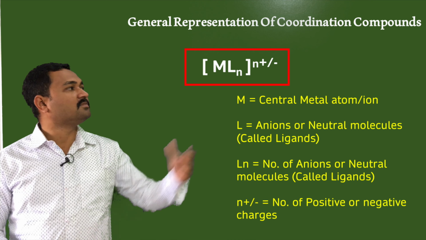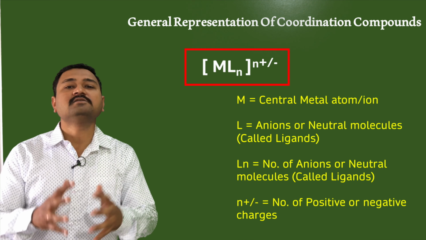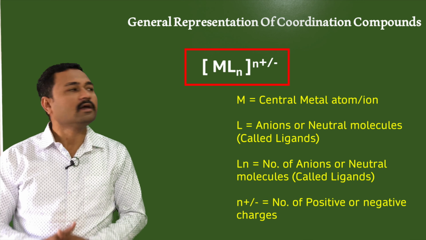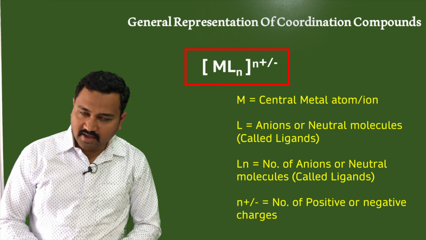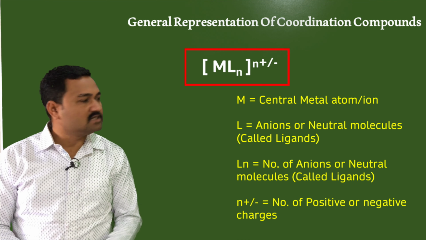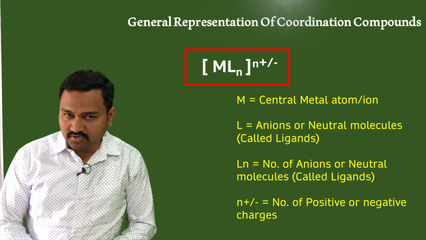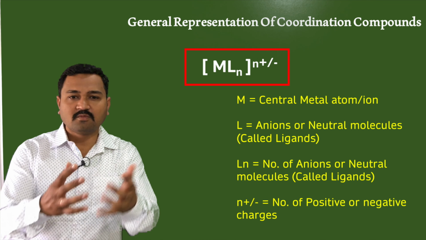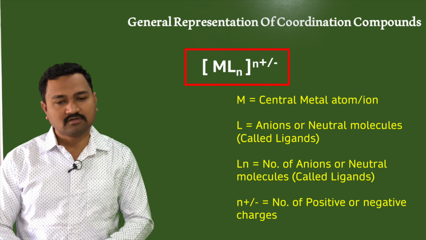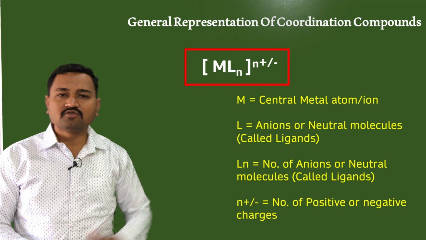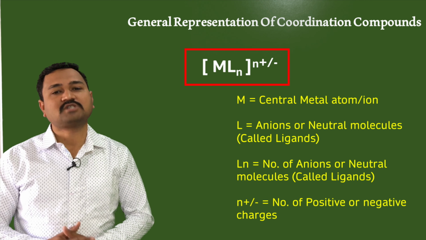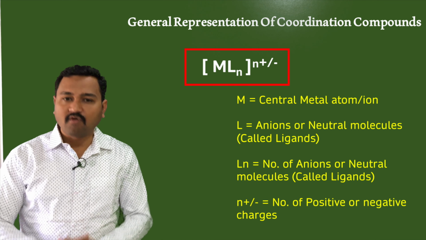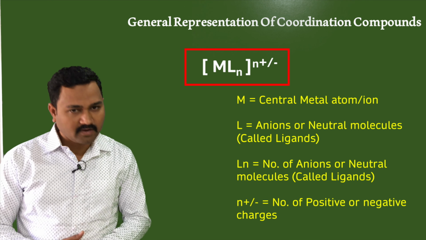A coordination compound is represented in a square bracket, that is [MLn]^n±, where M represents the central metal ion, while L represents the anions or the neutral molecules, which are generally called ligands, and n represents the number of those ligands, anions, or neutral molecules, while n± represents the charge on the coordination compound if it is in the ionic form, which is generally called a complex ion.